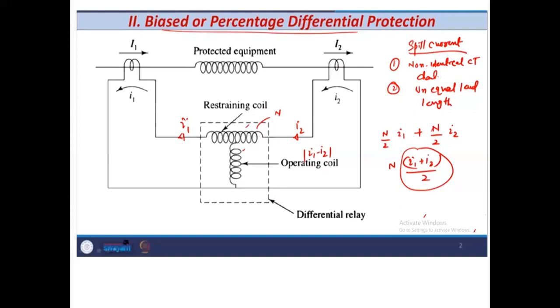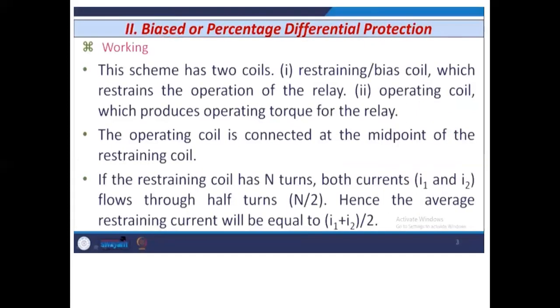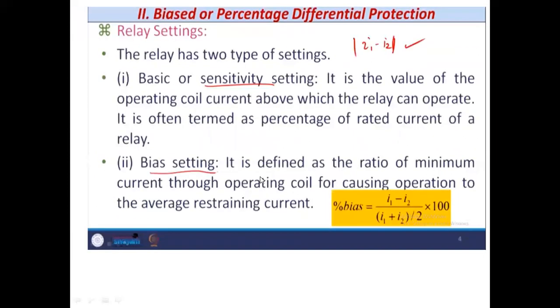Then also this relay has two settings. Let's discuss the settings. The first setting is known as the basic setting or the sensitive setting, and the second one is the bias setting. The basic setting or the sensitive setting is given by I1 minus I2.